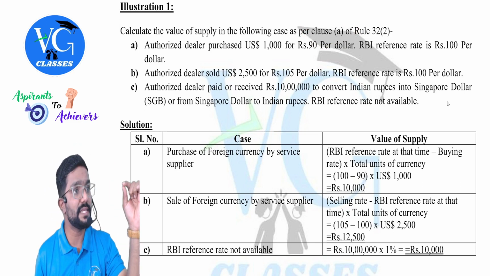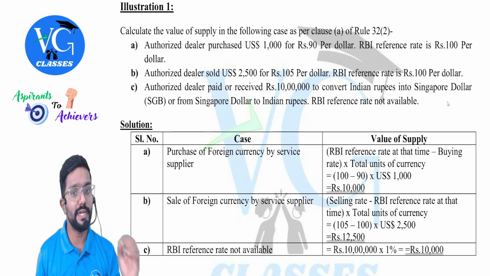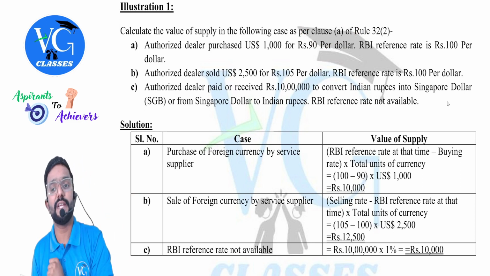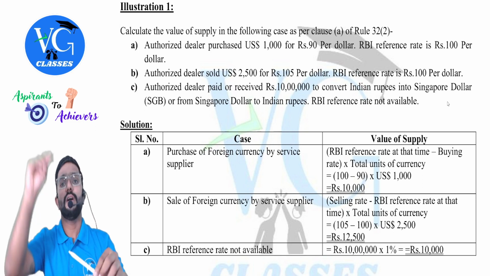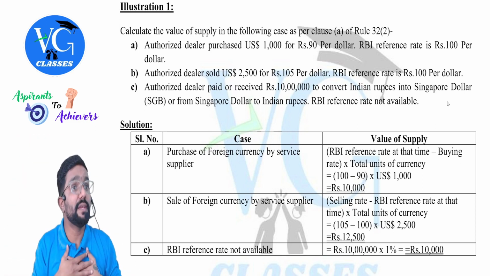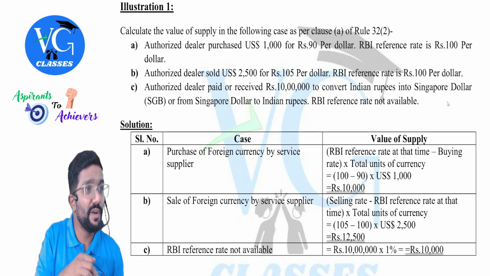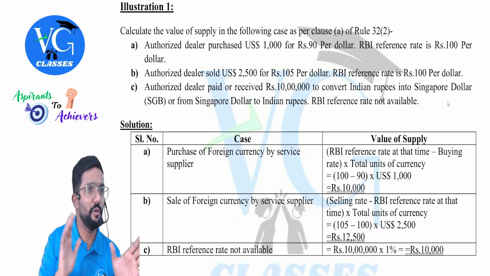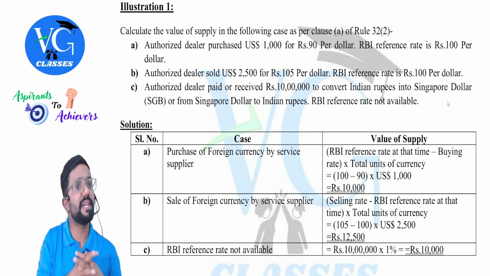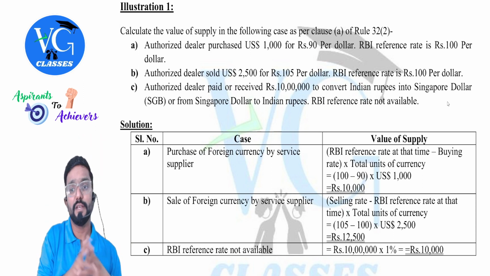Authorized dealer purchased US dollar $1,000 for 90 per dollar, whereas RBI reference rate is 100 rupees per dollar. Assume yourself as authorized dealer. At what price did you buy from me? 90. Once you buy a US dollar, will you keep it with you forever? No, you will sell it. For selling it, RBI reference rate is relevant. How much price? 100.